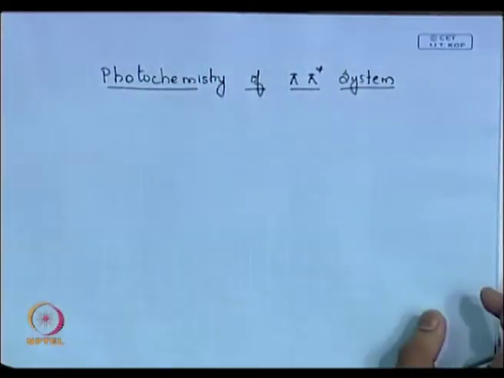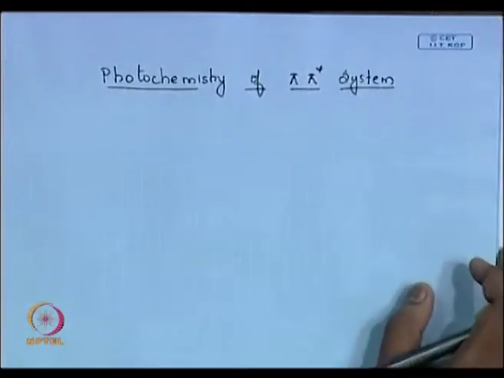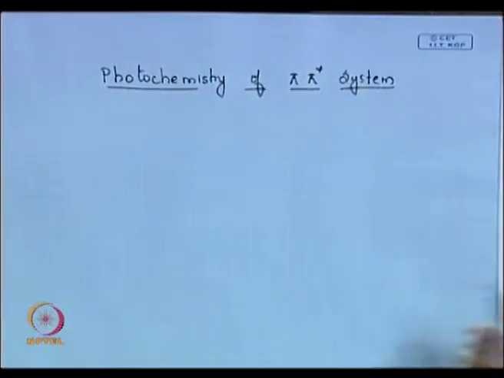In pi star system we will be dealing most of the time with your alkenes, dienes, your aromatic systems, all these things we will be dealing with pi star. But before getting into the reactions, we will just simply understand how this pi star photochemistry works. Just we will put some thought on it, then we will get into the reactions.